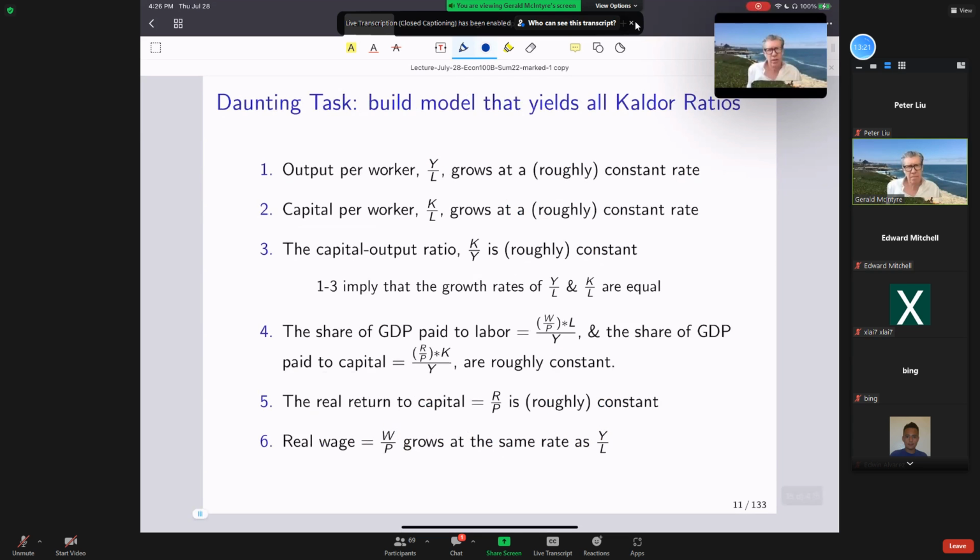Okay, so. Recall the daunting task that was laid out by Kaldor and his research team. The daunting task was to build a model that yields all of the Kaldor great ratios, all of these 6 or 7 ratios. As an economic model, or as a professional research economist looking at this, my head kind of explodes, right?